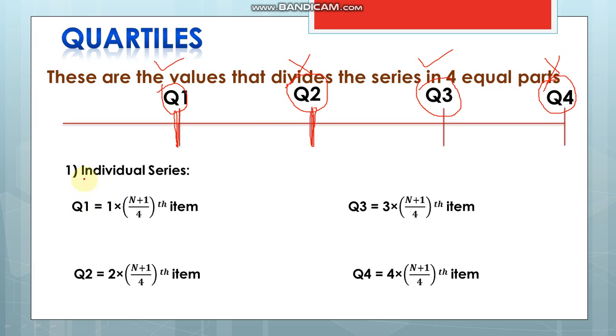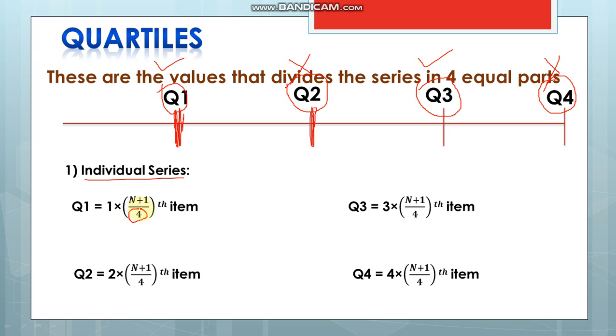How do we calculate? For an individual series, my Q1, the first quartile, that means I am trying to calculate this partition value, is equal to 1 into (n plus 1) by 4th item, as it is the first quartile. N is the number of observations in the series. Why is it 4?